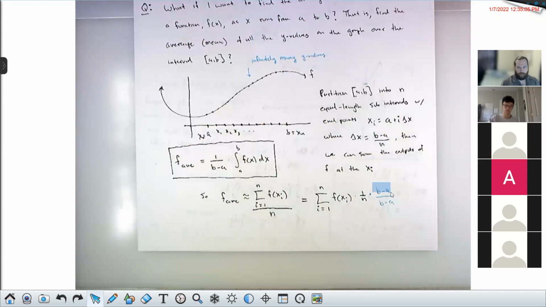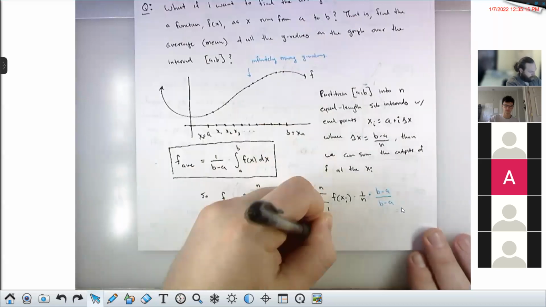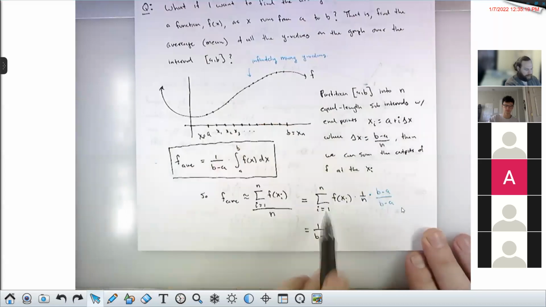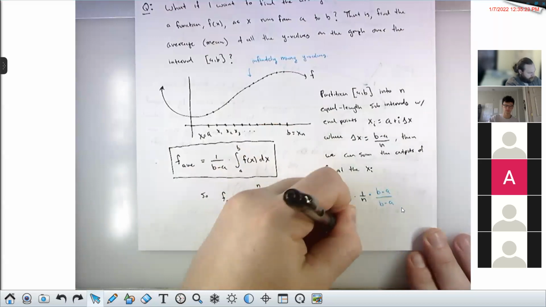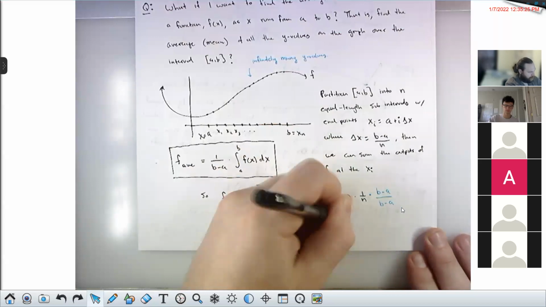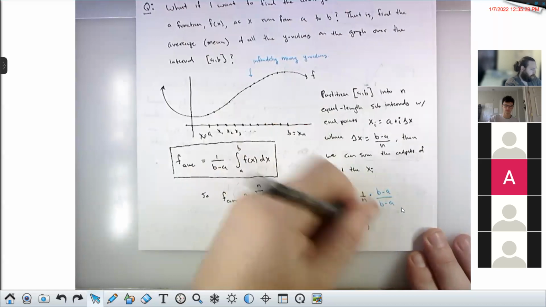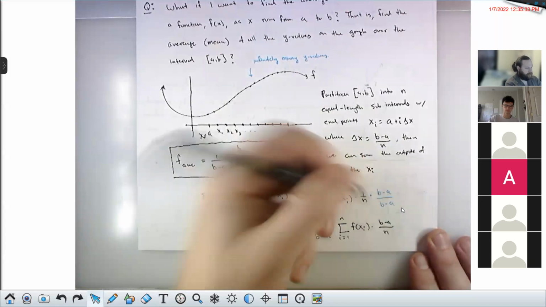So if I group this with this and I pull this out front, I get the following: 1 over (b minus a), that's this downstairs b minus a being pulled all the way out front, times the sum over i from 1 to n of f of xi times (b minus a) over n.